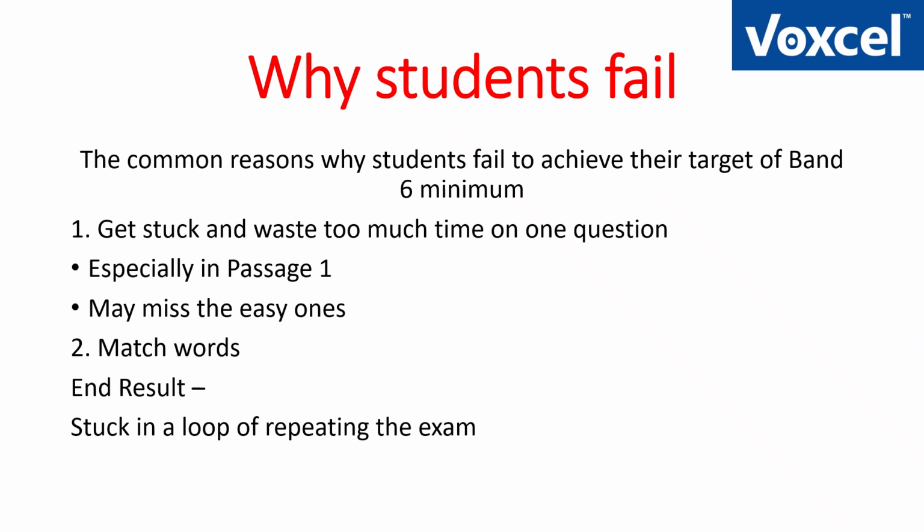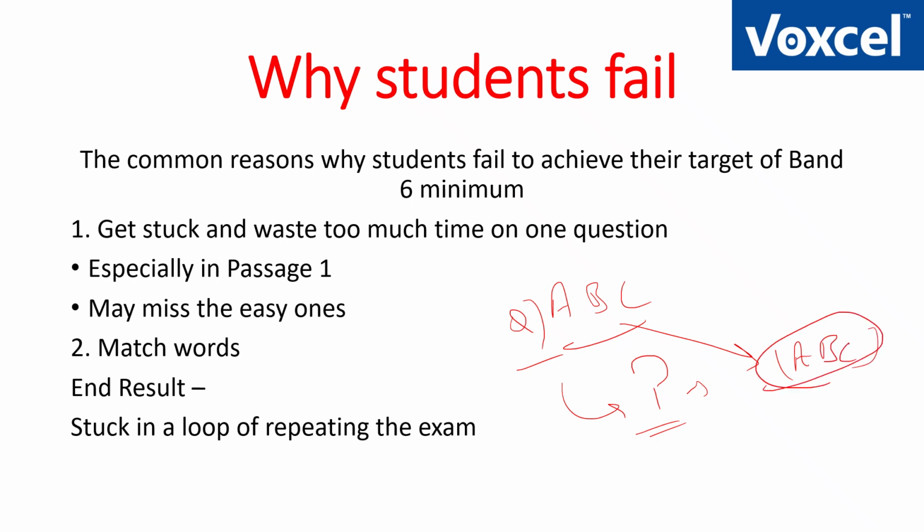So what happens is, let's just say you find ABC words in the question, and what students do is they try to find those same ABC words in the paragraph. But we know this is seldom the case. You may seldom find similar words, or you will only find words like scientific names or proper nouns.